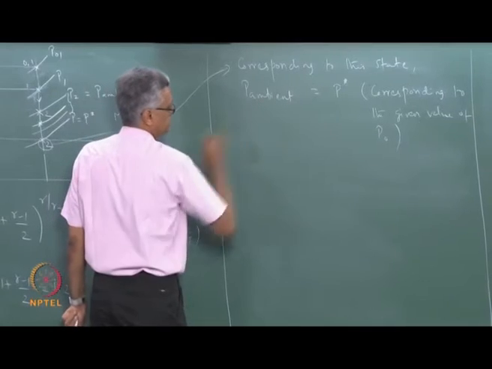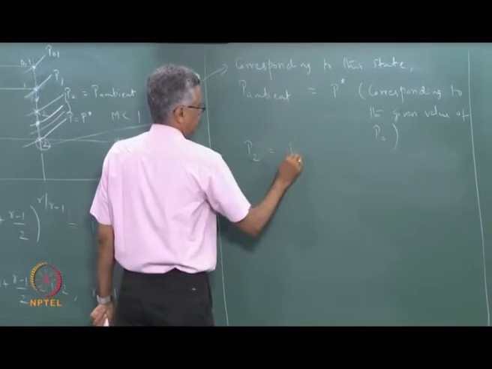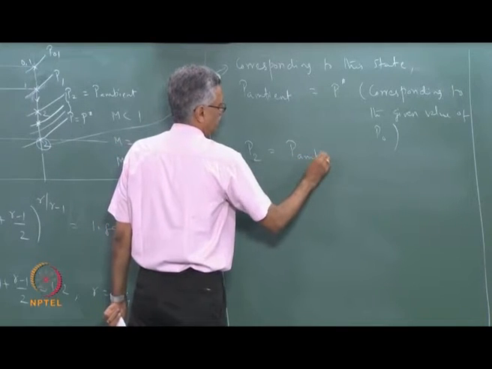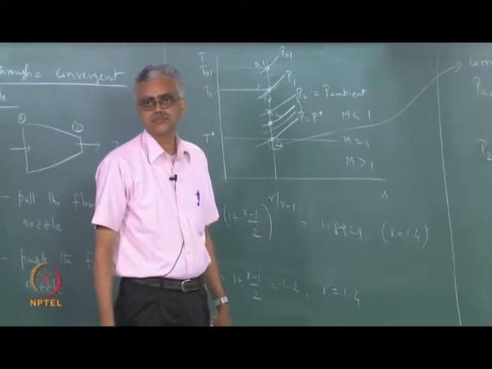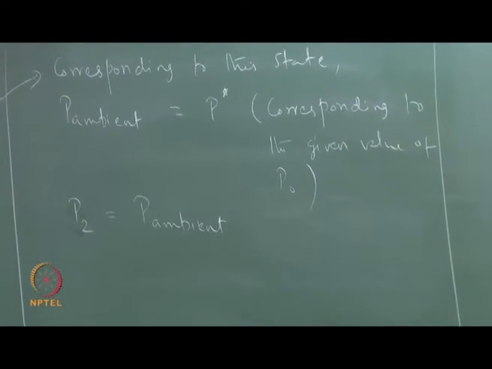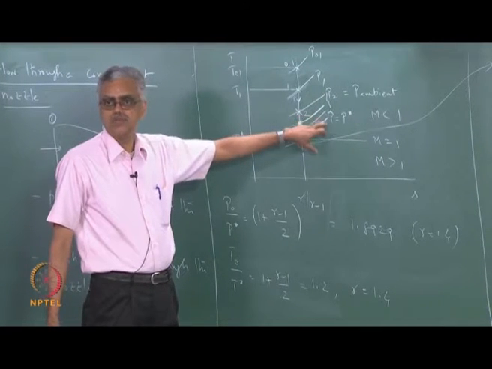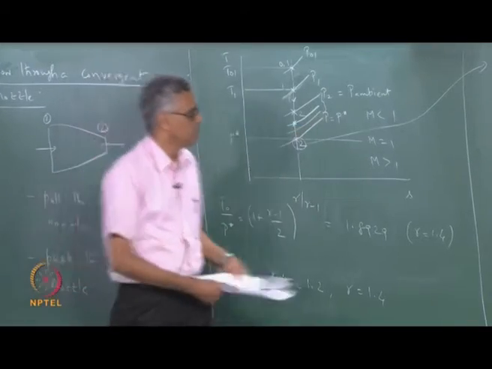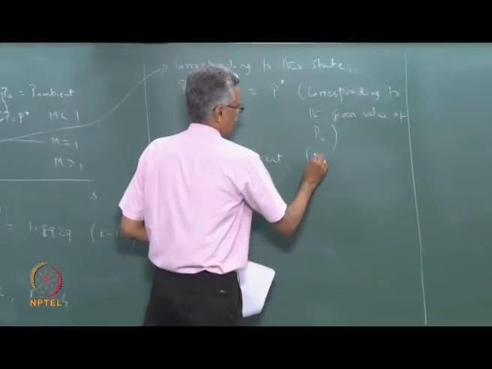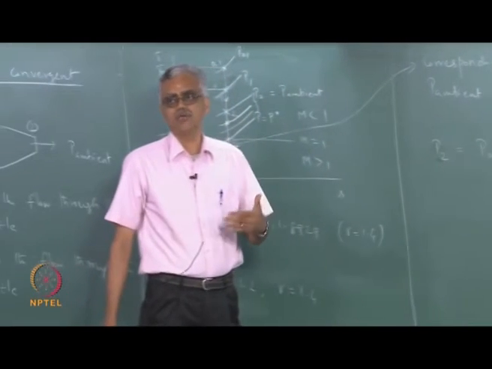And the velocity at the exit, let me finish this. P ambient reaches this value and P2, which is the exit pressure, is always equal to P ambient. As long as we are on the subsonic portion, the exit pressure is always equal to the ambient pressure. This is always true when M is less than 1 or just at the instant when you reach M equal to 1.